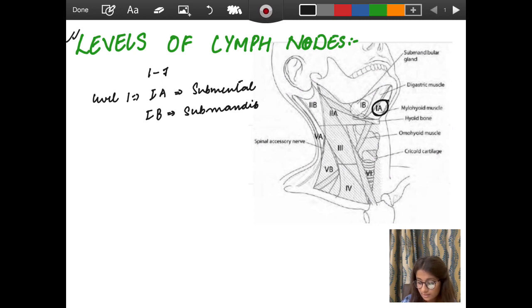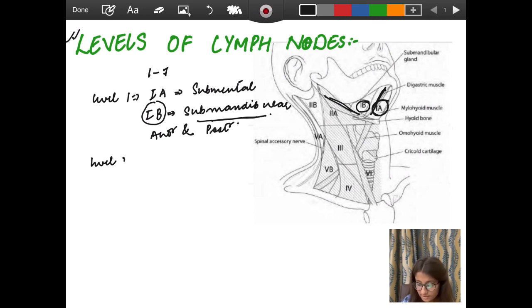It is present between the anterior belly of digastric muscle and the posterior belly of digastric muscle. Like this is the anterior belly and this is the posterior belly. Between these are the lymph nodes called the submandibular group, and this comes under level 1B.